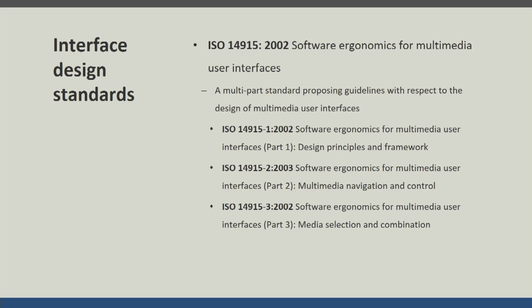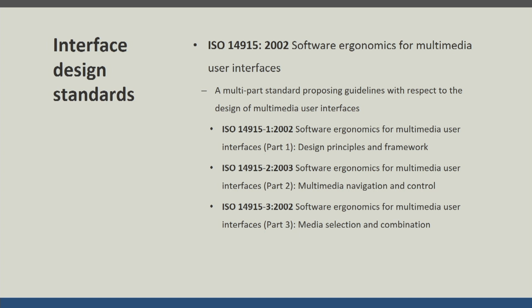One other example, ISO 14915:2002, it is titled Software Ergonomics for Multimedia User Interfaces. Once again, it is a multi-part standard proposing guidelines with respect to the design of multimedia user interfaces. So following are the parts of this ISO standard.